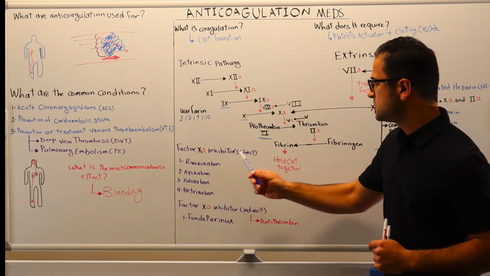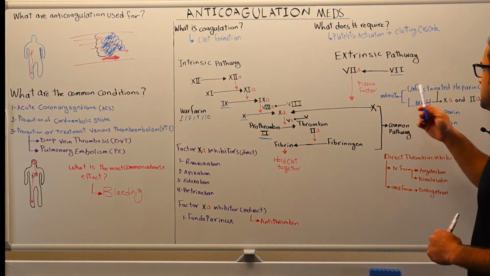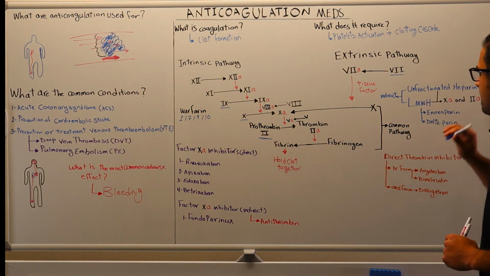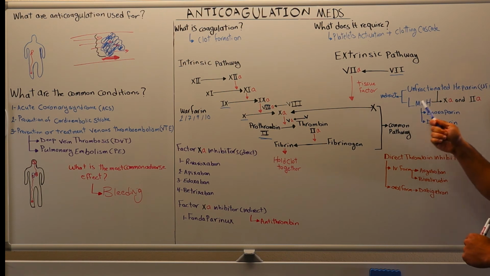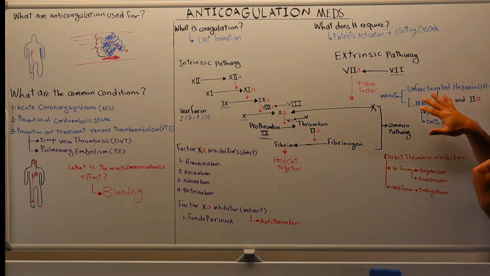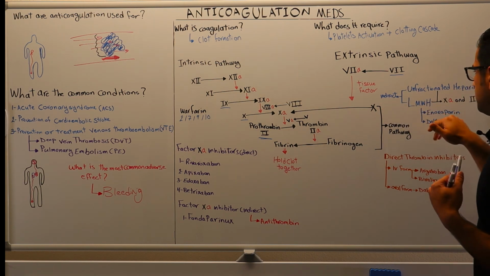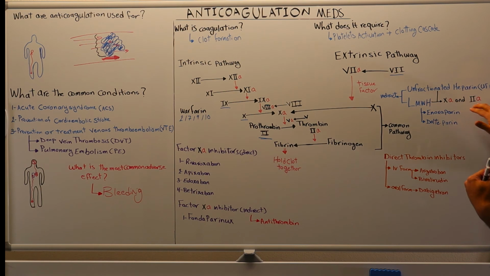So moving from these two types to the third one, which is heparin. There are 2 types of heparin: unfractionated heparin and low molecular weight heparin. These two types of heparin work indirectly on factor 10A and 2A.